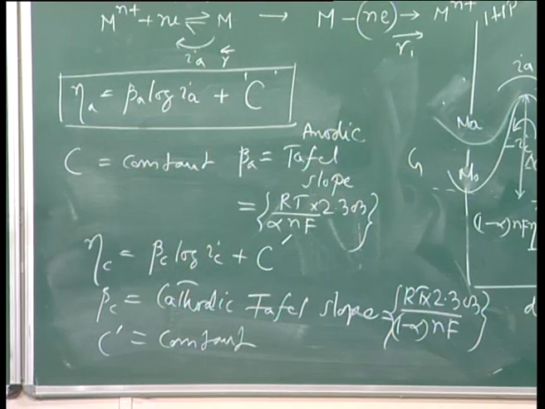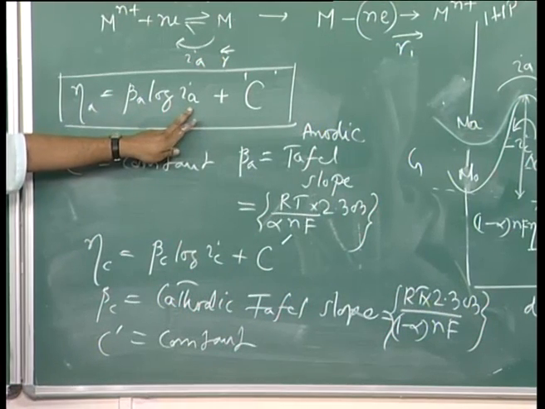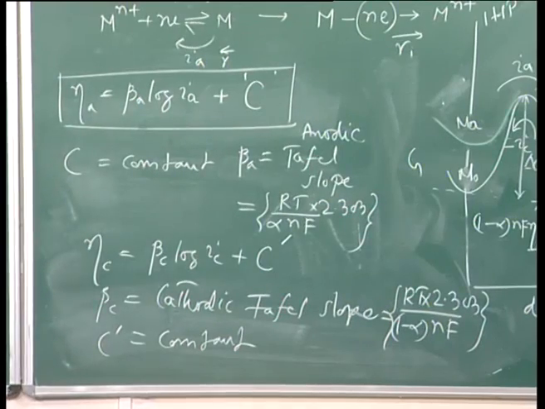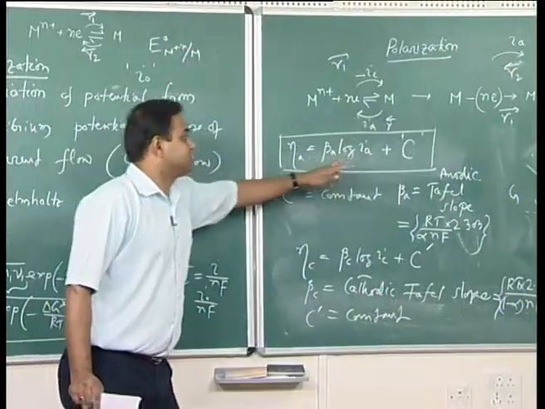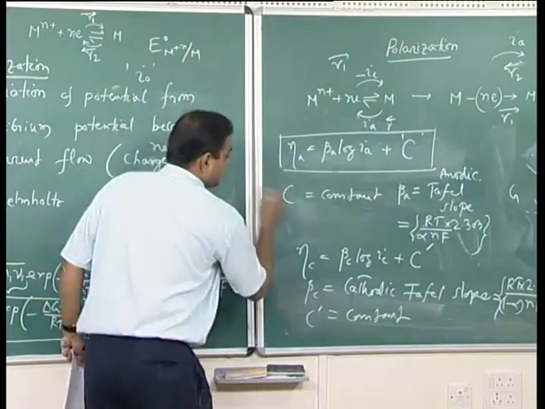And what is the corrosion current here? The corrosion current is nothing but the IA, the current density associated with the metal ion formation. So now we know these two relations.